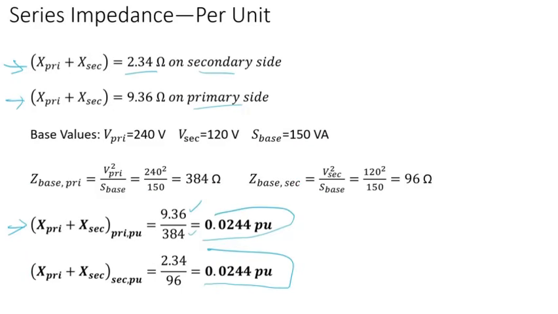Again, this was a small single phase transformer, but for a 3-phase transformer, basically you calculate everything on a per phase basis, and the test is done similarly. Instead of having 1 phase, you have 3 phases. For open circuit, you leave one side open, the other side you energize.